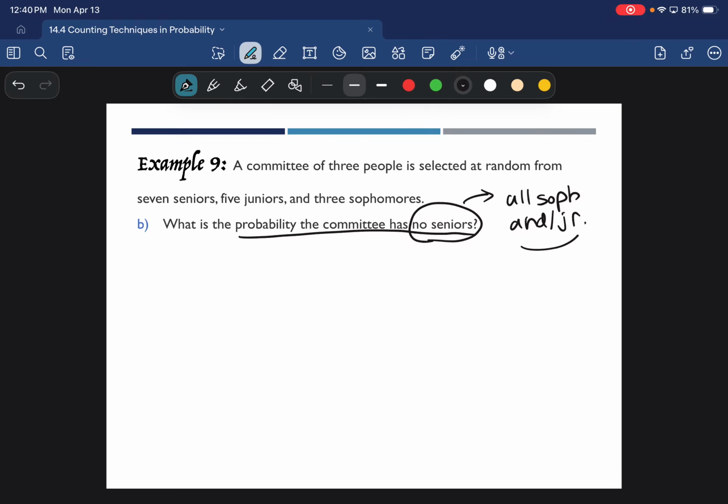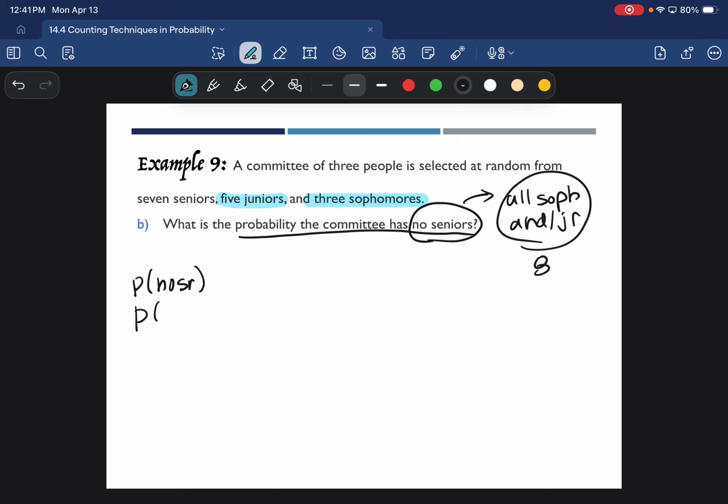Well, so how many of them do I have that this could be from? Like how many fit that criteria? Like how many sophomores and juniors are there? There's 8, right? It says them right up here. There are 5 juniors, 3 sophomores. There's 8 of these folks that are going to comprise that committee if we have this structure. So it sets up much like before. We want the probability of having no seniors.